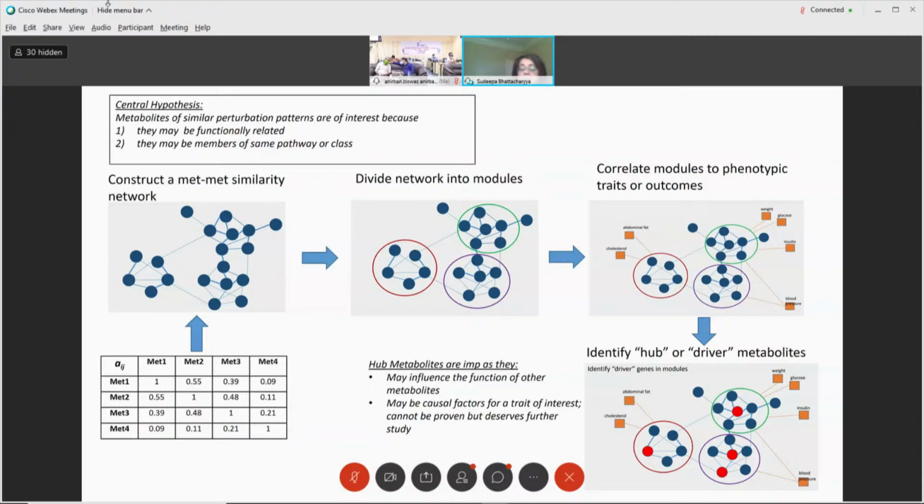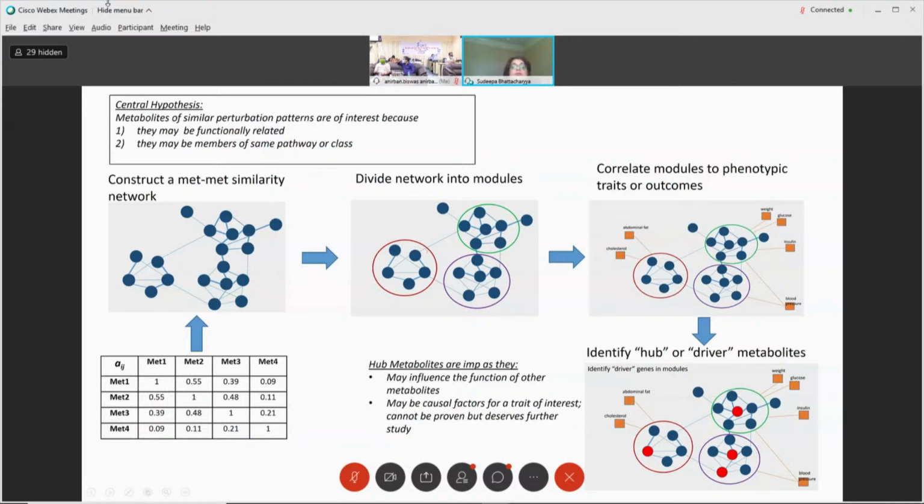We know that metabolites do not function alone, right? They function in an interactive fashion. So we found groups of metabolites that were strongly correlated with each other, and we call them modules. From the correlation between the metabolites, we generated a co-expression network of the metabolites.